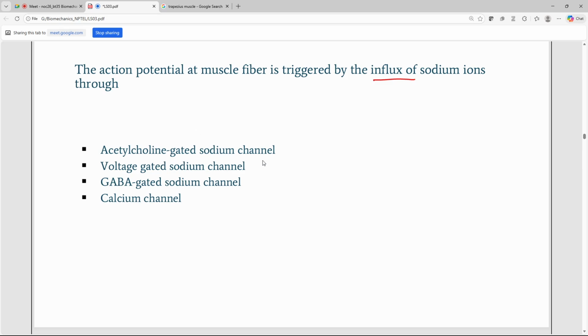Options are acetylcholine gated sodium channel, voltage gated sodium channels, GABA gated sodium channels, calcium channel. Can you inbox your answers?